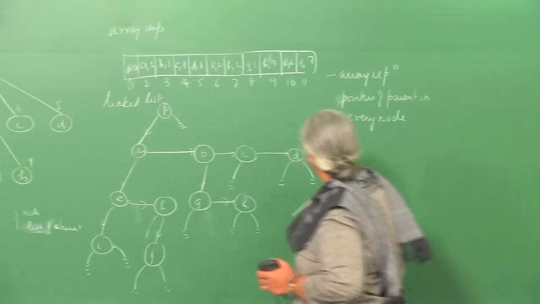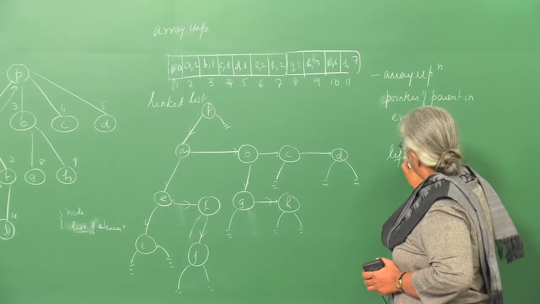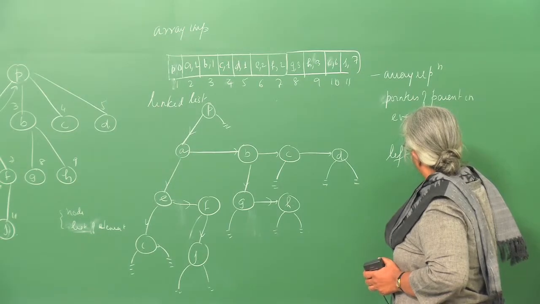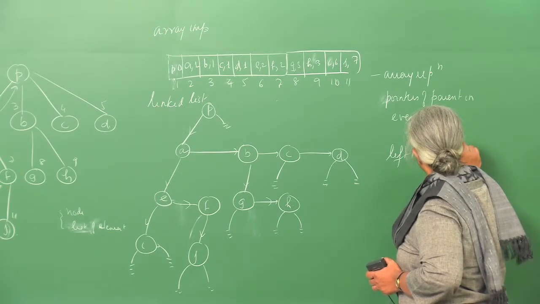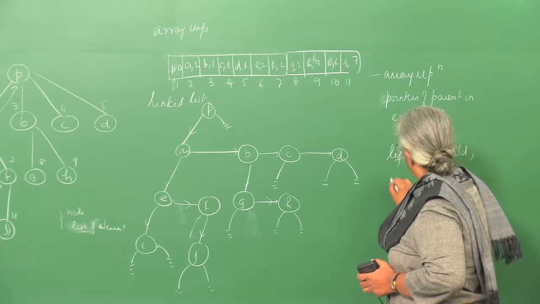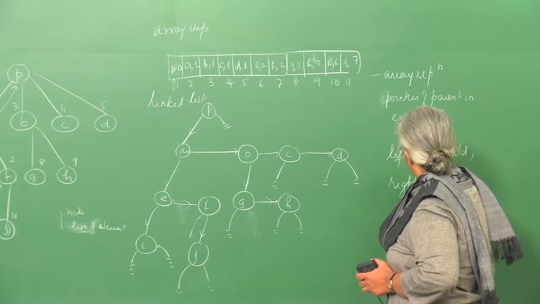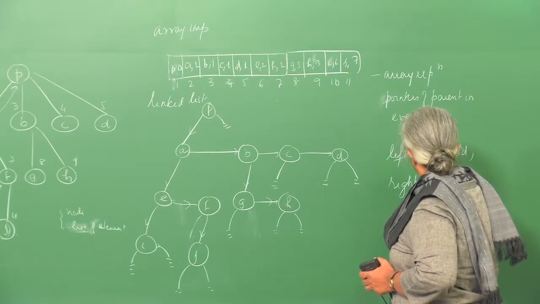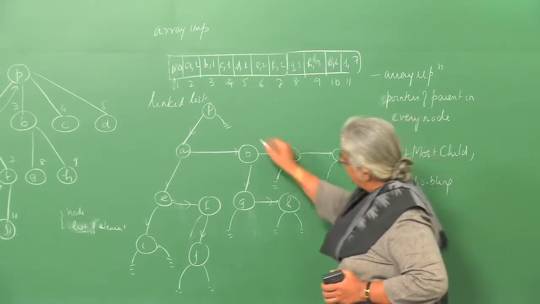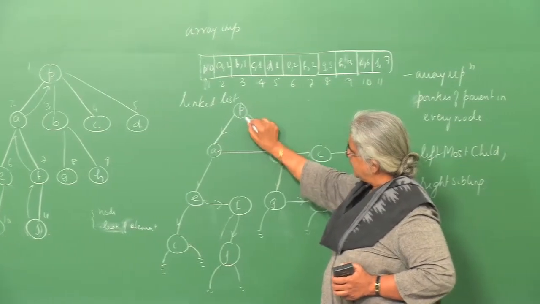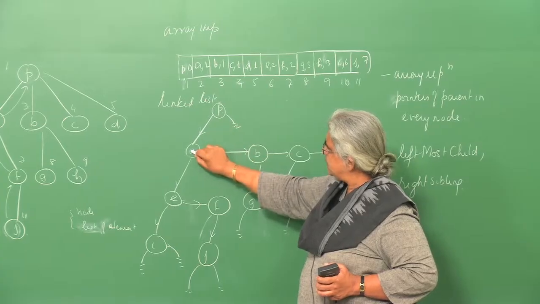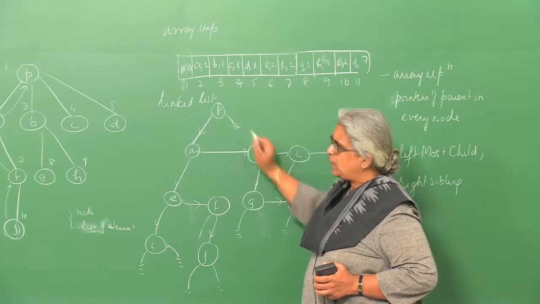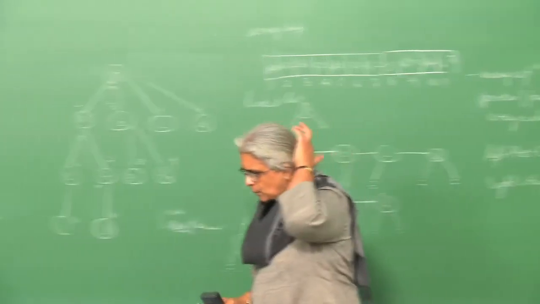Every node has a pointer to its leftmost child and the right sibling. So, notice that P is the parent, it is the root of this particular tree, therefore, it has only a pointer to its leftmost child, and its right sibling is pointing to null because the root has no siblings.